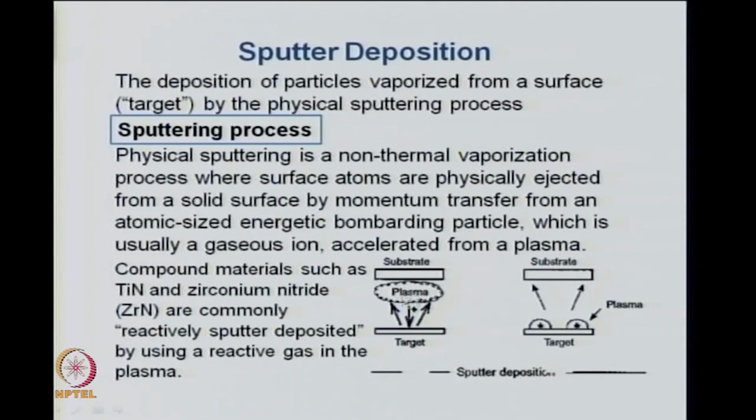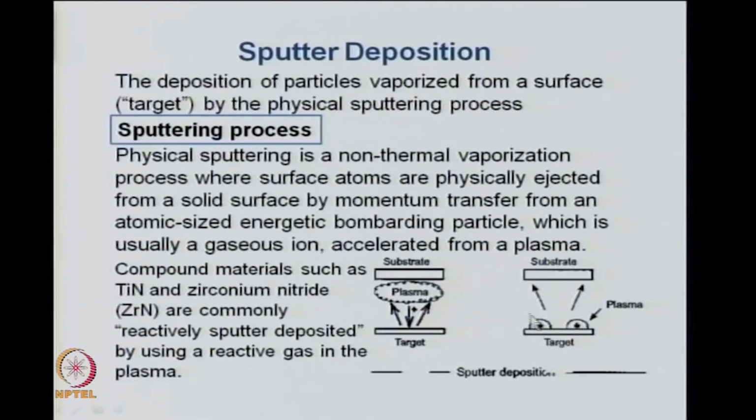So, if you have a reactive gas, then it is called reactive sputter deposition, and you can use this technique to make films like titanium nitride and zirconium nitride, etc. This is what is being shown here. This is the target, and you generate those kind of ions, and then those ions fall on the substrate, and basically this is through momentum transfer that you are creating these ions, not through evaporation, and you get films on the substrate.